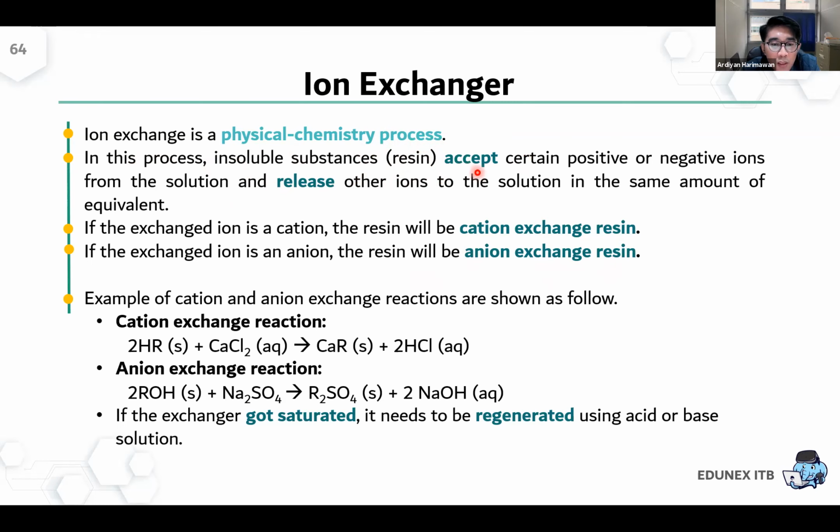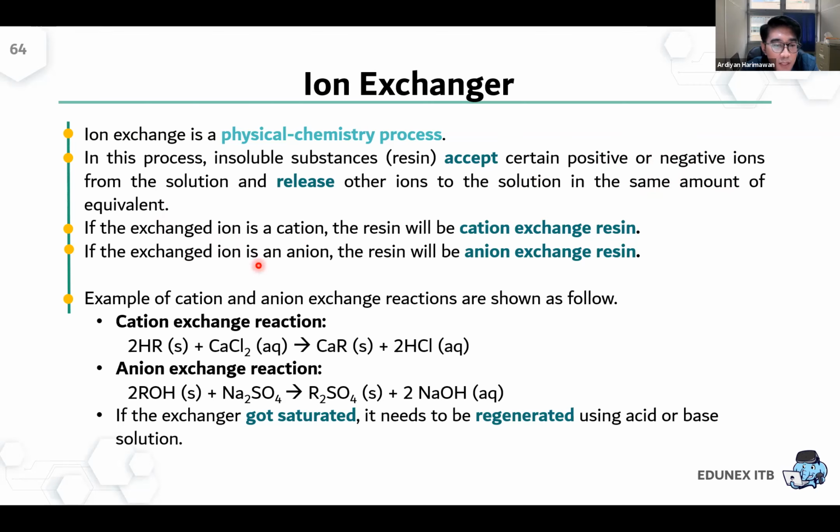It will accept the positive or negative ions from the solution. It will take the ions, and then it will release other ions. So if it accepts the cation, then it will release another cation to the solution in the same amount.